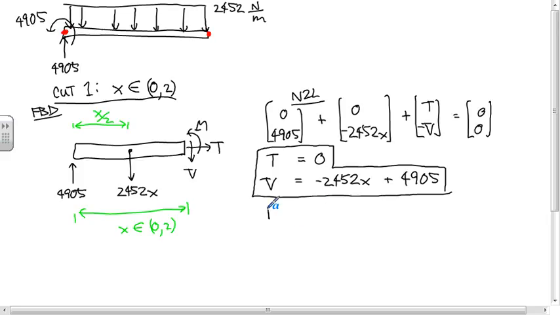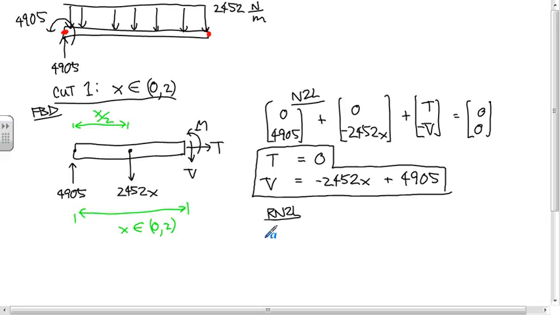And then the rotational equation, we're always calculating our moments about the left end point, so there's no moment produced by the 4905. There is a moment of 2452x times x over 2. Is that a clockwise or counterclockwise rotation?